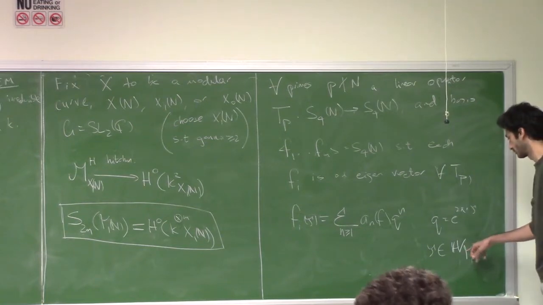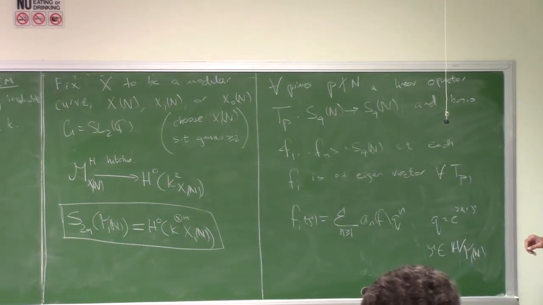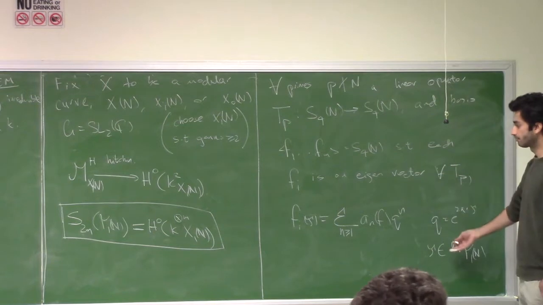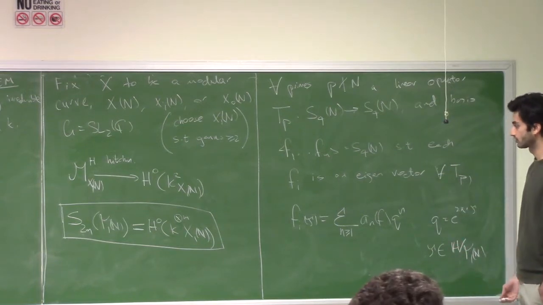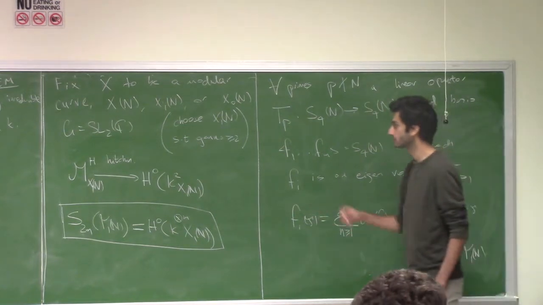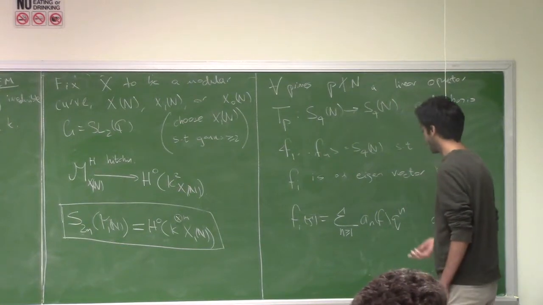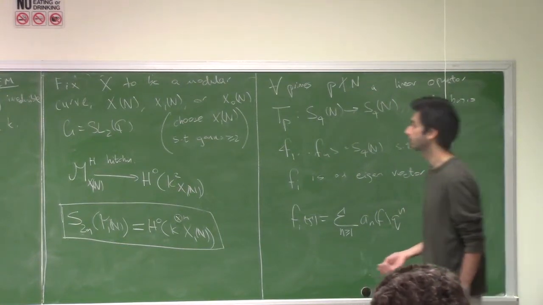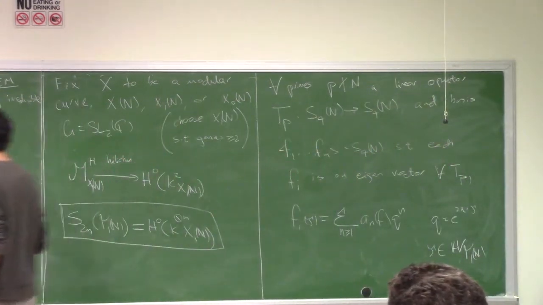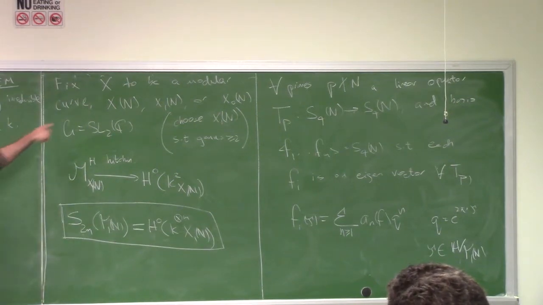So this is our curve X_1(n). This is the basic structure, the very first structure that you have on this vector space. And now there are some natural questions to ask, and I just want to write them down before I get into the details of defining these curves and everything.